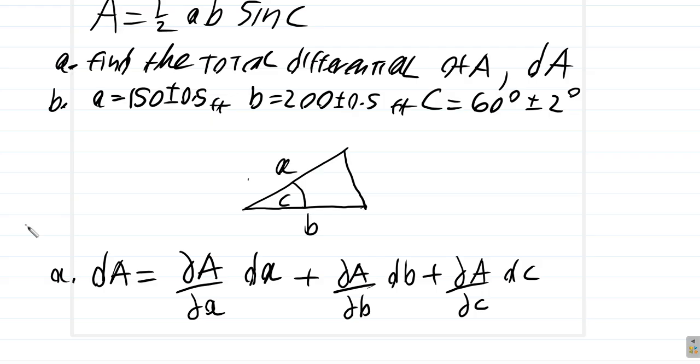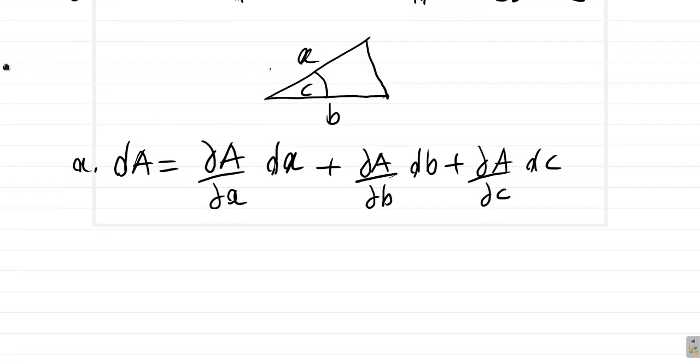So what we should do is find the average value, and then we find the range, the error in the area. Here now is the average value for part b.